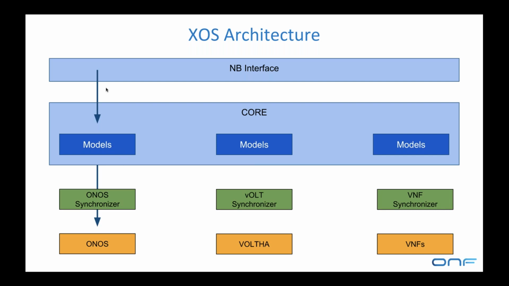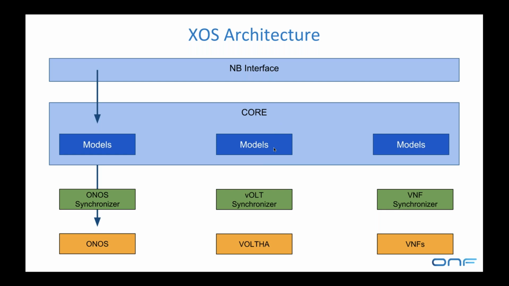So an example is we want to configure the aggregation switch. We create a switch model in XOS. The ONOS synchronizer receives a notification that such a model has been created, and it knows how to translate that model into instructions for ONOS. Same thing happens with the OLT.